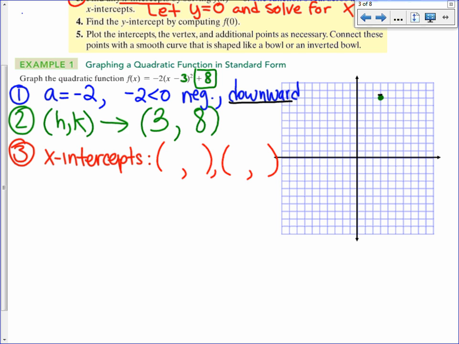So, like I was saying, we're going to let y equal 0, and then we're going to solve for x. So we already know that the y-coordinate will be 0, right? Because it's on the x-axis, so it makes sense that the y-coordinate is 0. So let's go ahead and write the equation. Instead of f(x), or instead of y, I'm going to substitute that with a 0.